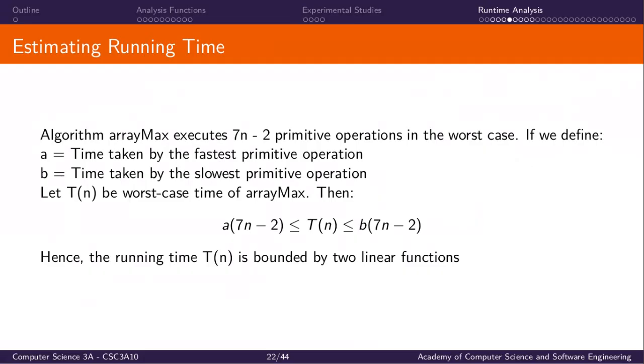So here we have, why is this true? Why is it between some multiple of 7n minus 2 and some other multiple? Well, let's say each of you is a primitive operation, right? And we're going to take some work that has to be done and divide it up amongst all of you.